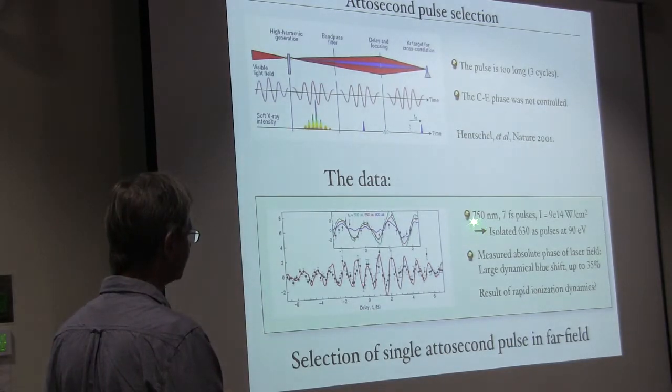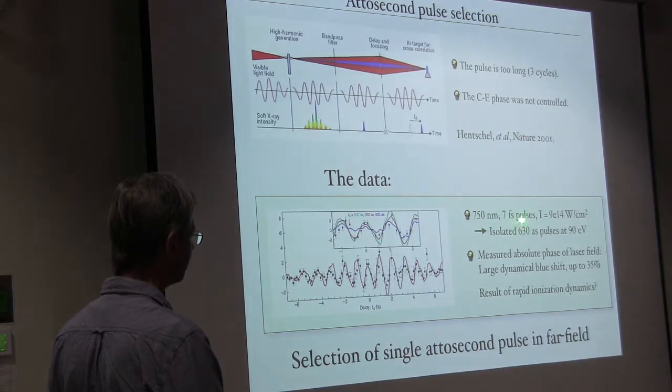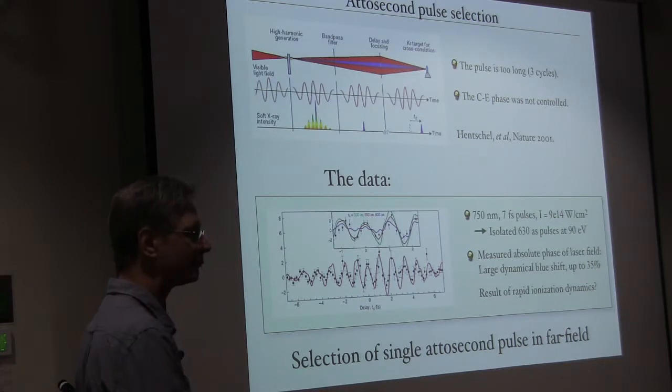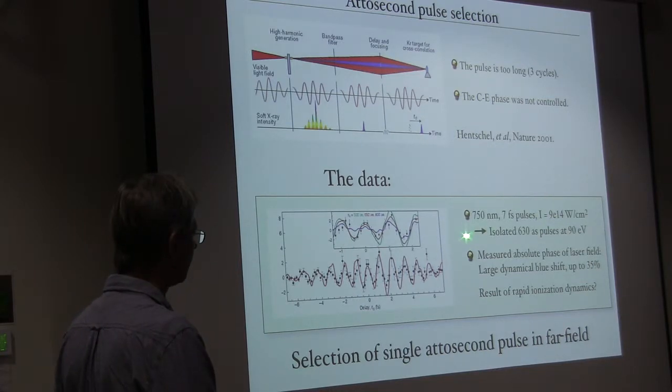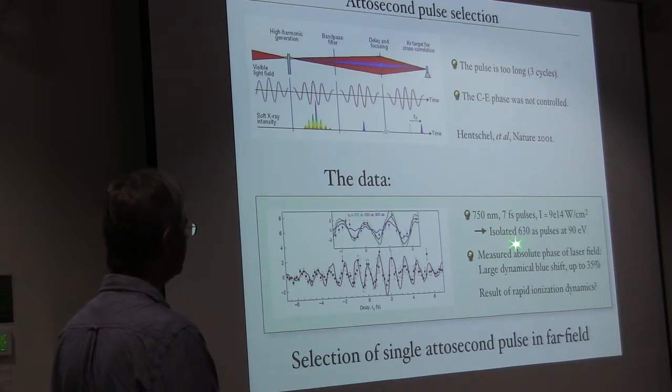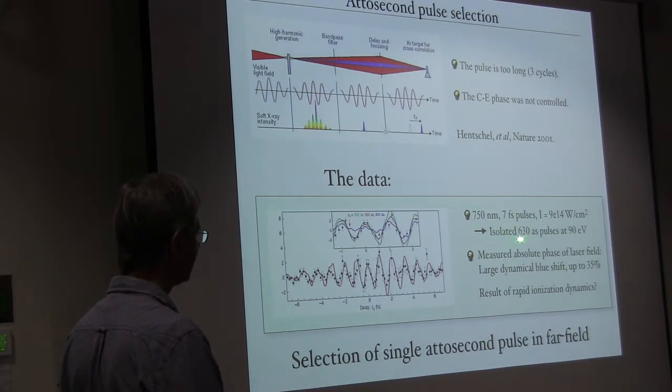What went into the gas is a 750 nanometer, 7 femtosecond pulse with an intensity, if there was no gas there, of about 9 times 10 to the 14. And what they measure, looking at these oscillations, is they were able to back out by a streaking measurement, which you will learn about, that they had isolated 630 attosecond pulses at a central frequency of about 90 dB.